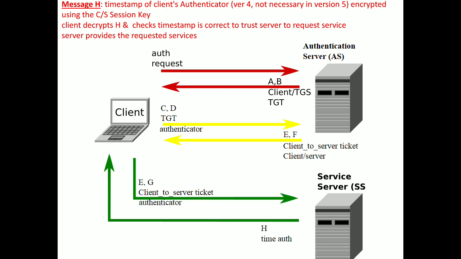It is encrypted with the last session key, that is the session key used between the client and server. So the client, since it knows this session key, can decrypt this timestamp, and it can check that the timestamp is correct to trust the server, and it can therefore request the resource from the server. Now the server finally provides the requested resource.